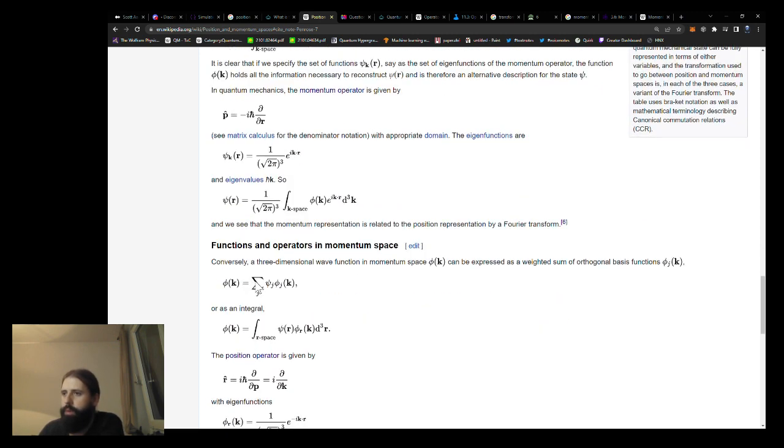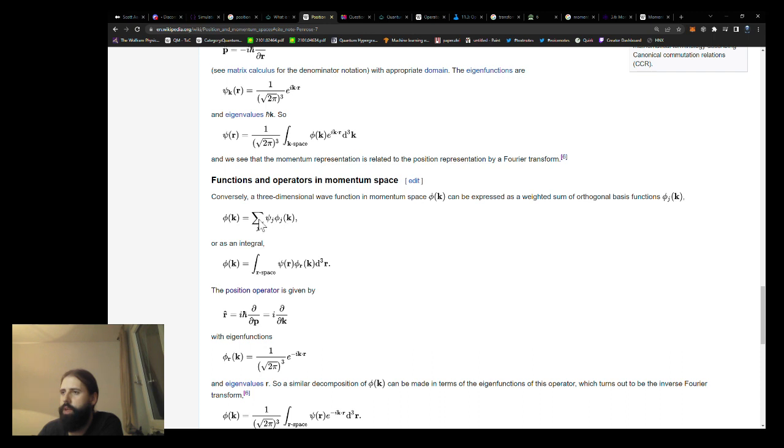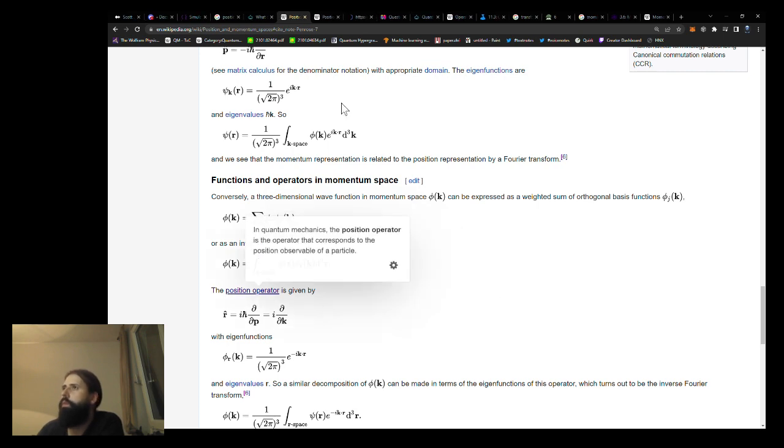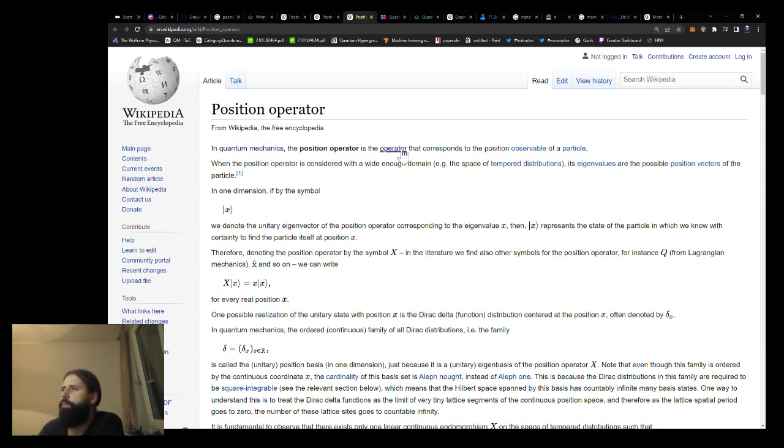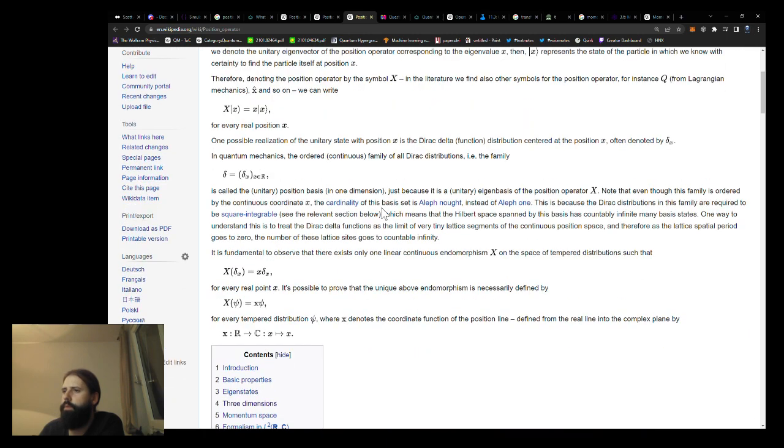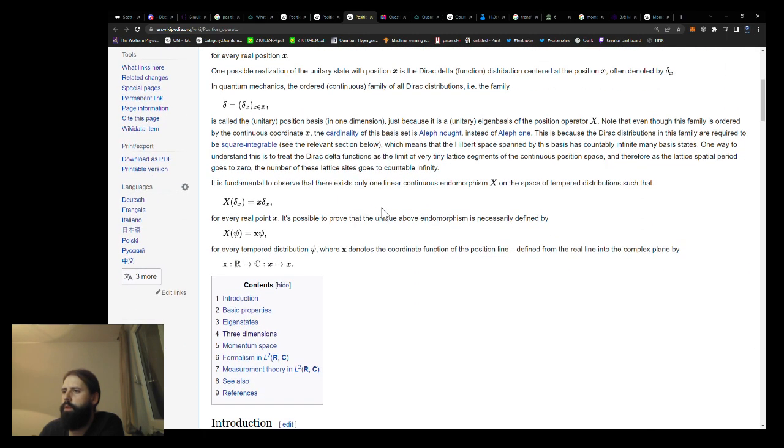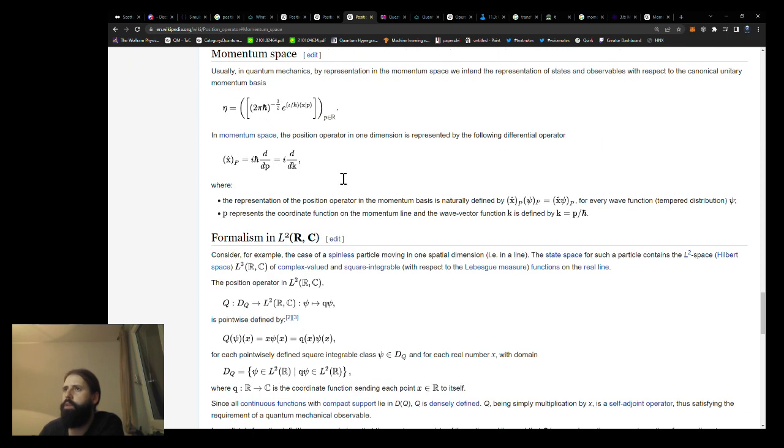What probably was said here is that you have these, and if you just pick these to be the eigenfunctions of the position operator, and I guess the position operator in momentum space.